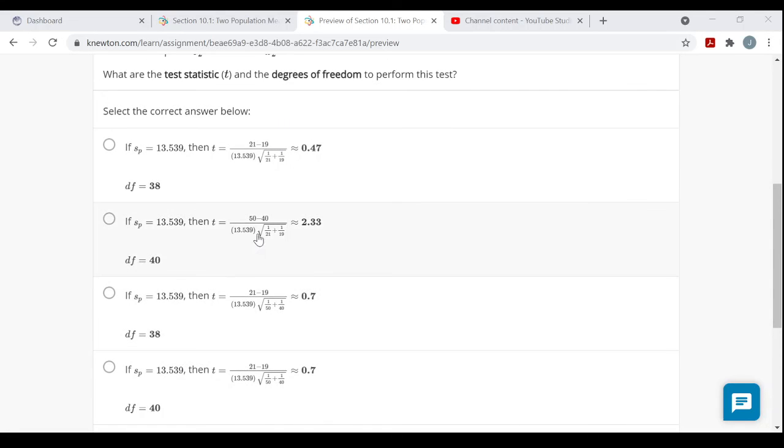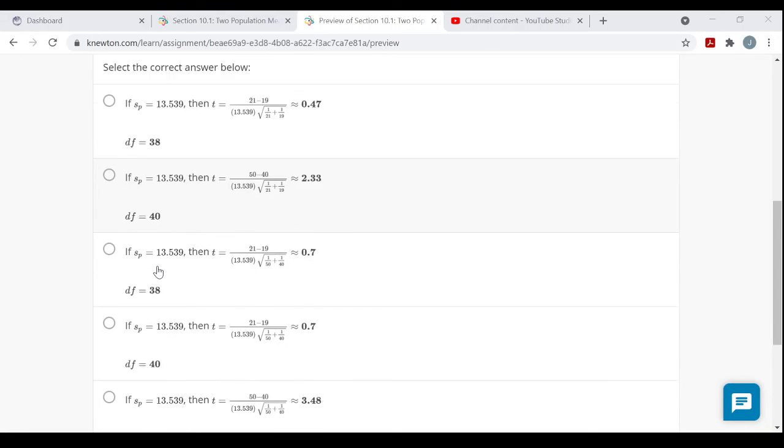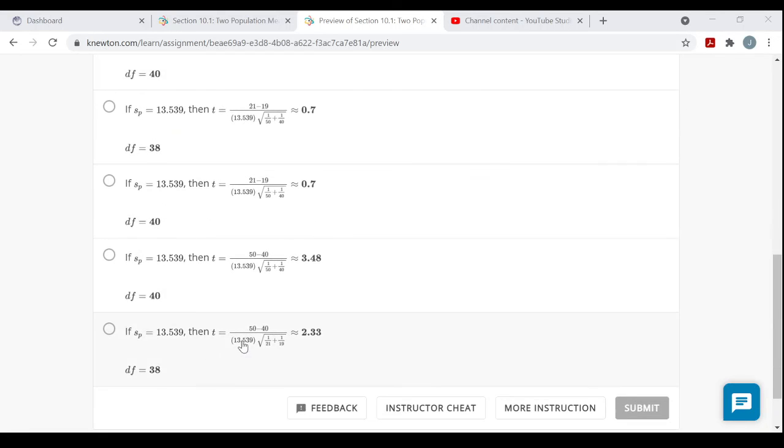Then make sure the calculation for the t-score is the same I wrote up earlier: 50 minus 40 divided by Sp times the square root of 1 over 21 plus 1 over 19 is 2.33. But the degrees of freedom is wrong for this choice. It should be 38 degrees of freedom, so we're looking at this option down here. The degrees of freedom for the t-distribution is 38, and the calculation of 2.33 for our test statistic is correct.